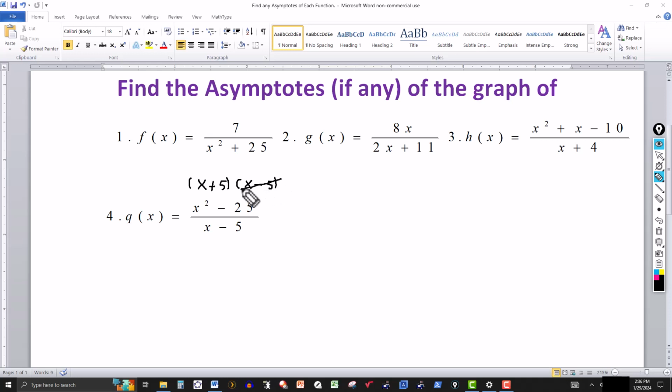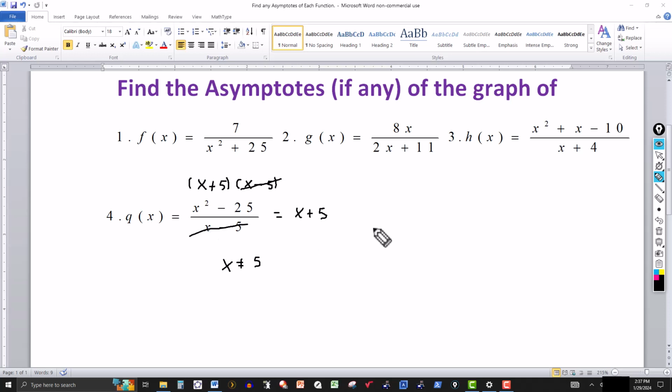So this x minus 5 and this x minus 5 will cancel. So this actually reduces to a linear expression, x plus 5. And notice here, we have a restriction. X cannot be 5, because 5 makes the denominator 0. So this particular function is undefined at 5, but x equal to 5 is not a vertical asymptote in this case.